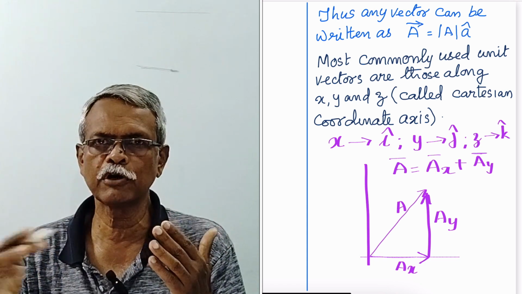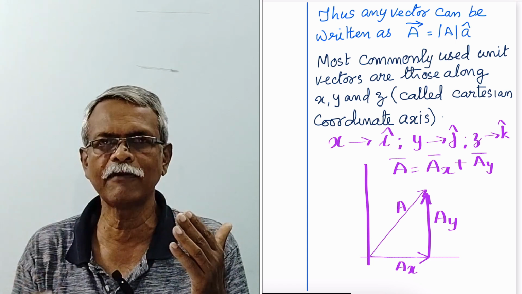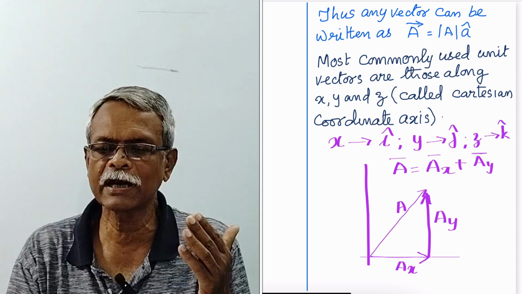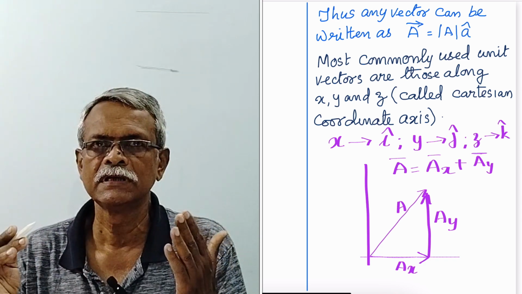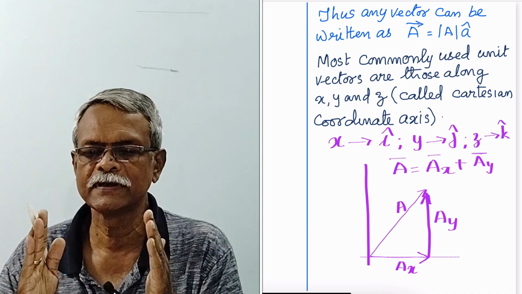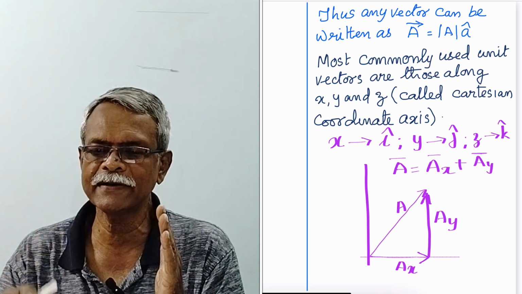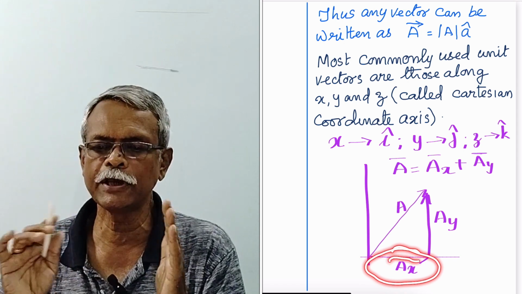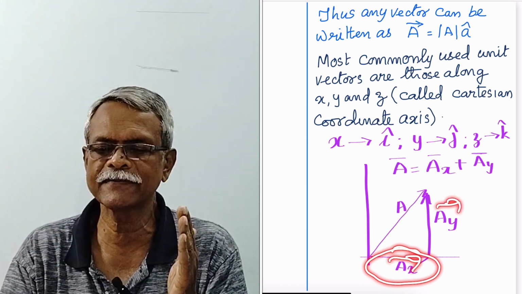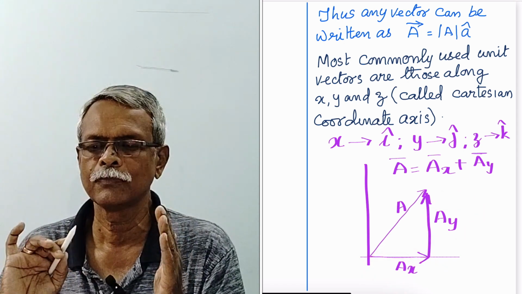That is the resolution of vector A into x component and y component. But we can write Ax as the modulus of Ax, or the magnitude of Ax, multiplied by i.